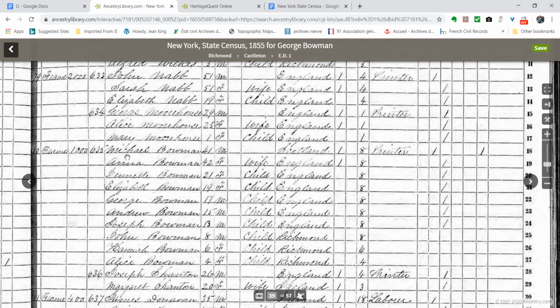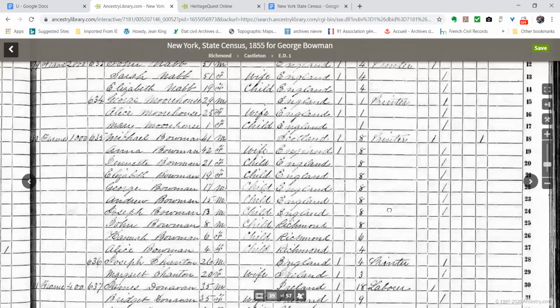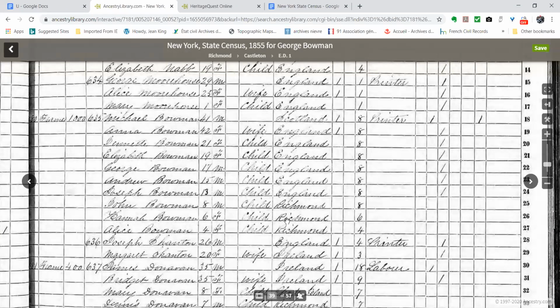He came in the 1840s from Scotland with his wife and most of the children here. So you can see these 3 children here were born in New York, where the other children were born in England, though he's from Scotland. He moved from Scotland to England, where he married Anna, and they lived there for a while and had the children, and then they moved to Staten Island.